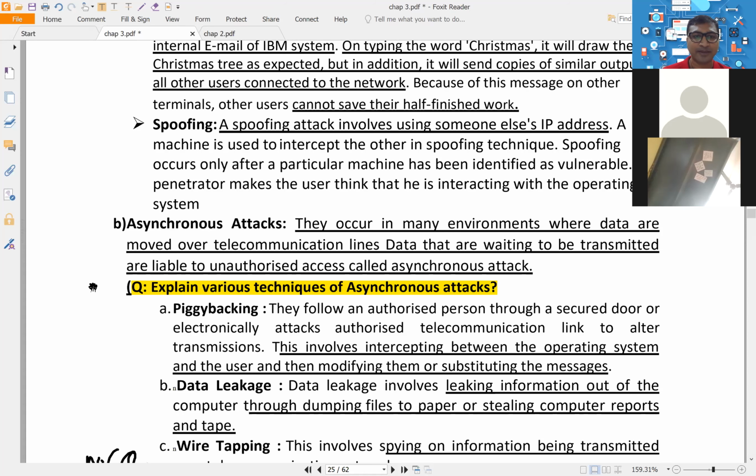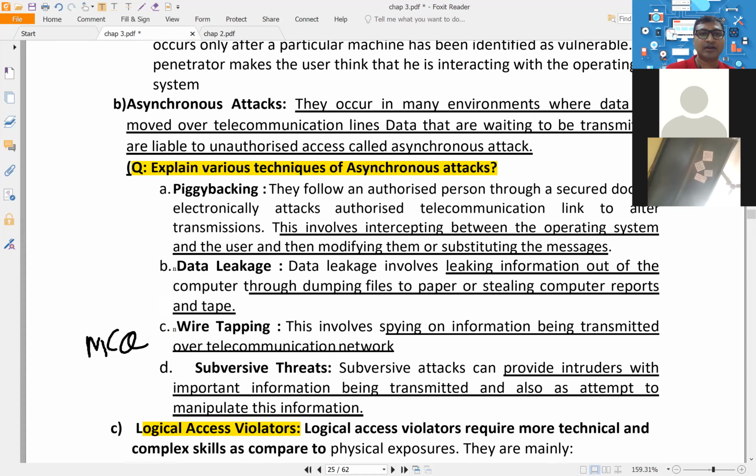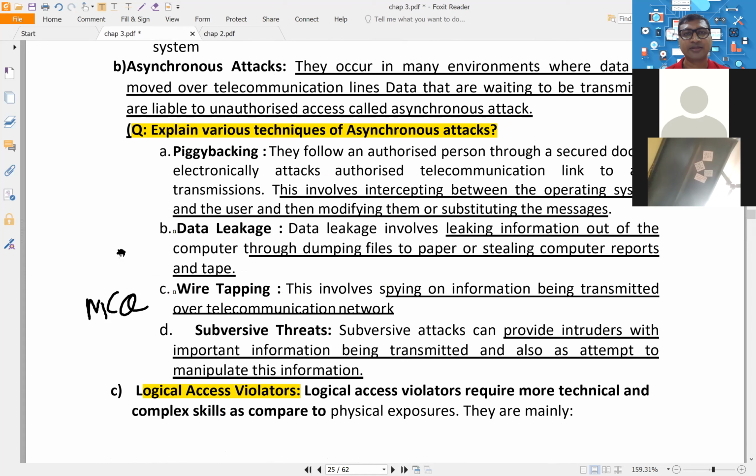Okay. Now after this, we have done asynchronous attack. Asynchronous means hacking your data in between the transmissions. One of the ways is piggybacking. What you send and what the receiver receives will not be the same. In between, the data will get hacked and modified. Same concept in subversive threat.